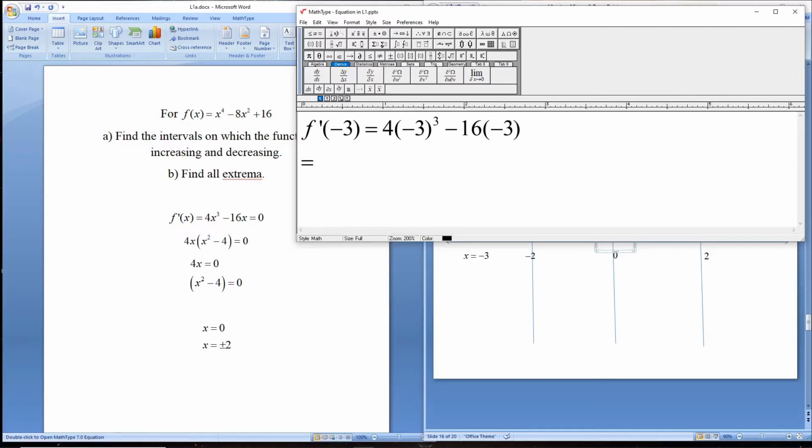And we would have 3 cubed is 27, and then 27 times 4 will give us 108. And minus times minus is positive, and 16 times 3 gives us 48. And that ultimately is -60.